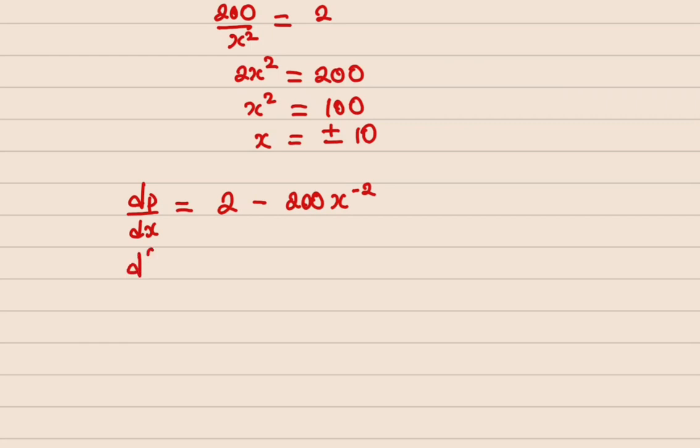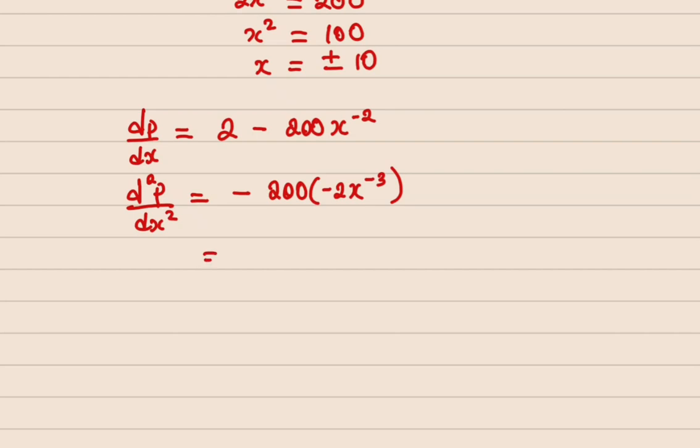Now, the second differential, d squared P by dx squared, will give us 0, then minus 200 times minus 2 x raised to the power minus 3, so it's going to be 400 x raised to the power minus 3.